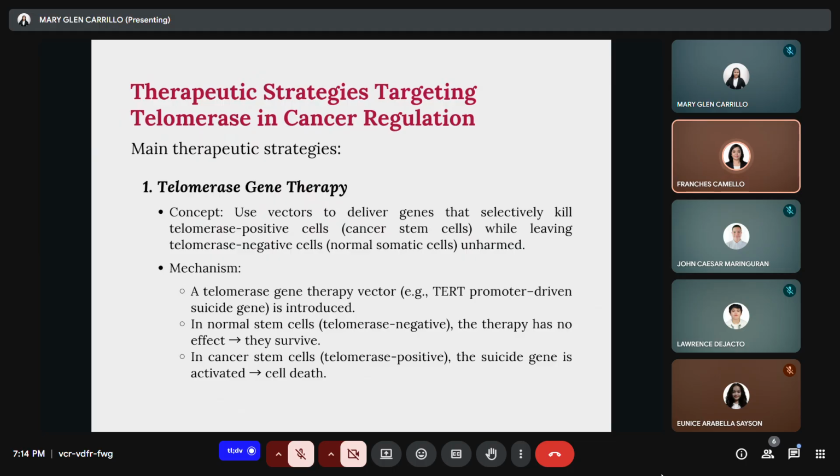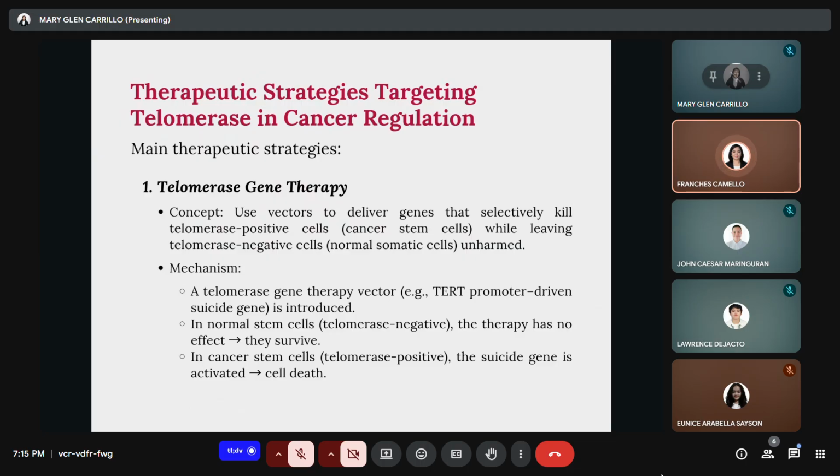For its concept, it uses vectors to deliver genes that selectively kill telomerase-positive cells or cancer stem cells while leaving telomerase-negative cells, the normal somatic cells, unharmed. How does this work? Scientists design gene vectors that place a suicide gene under the TERT promoter.